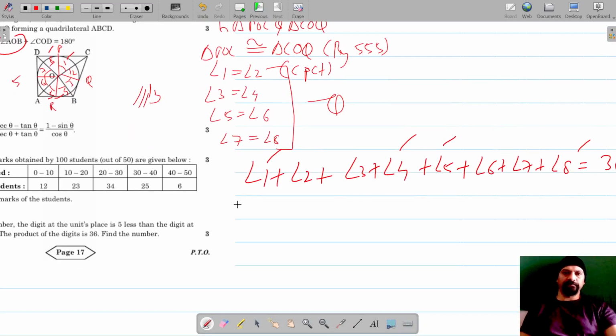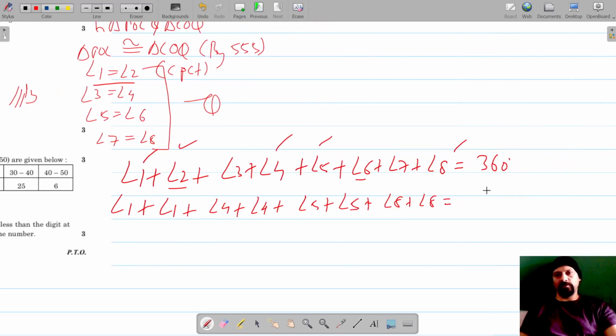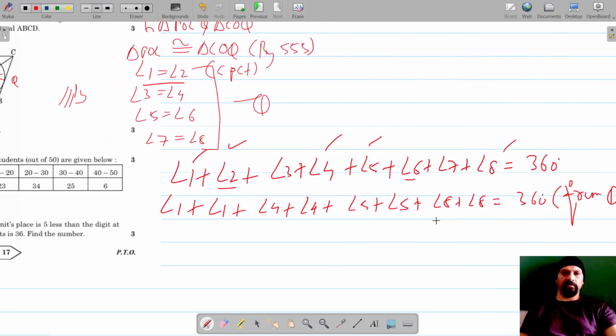And we are going to replace all other values. Angle 2 is equal to angle 1, so instead of angle 2, I'm going to put angle 1. Angle 3 has to be replaced with angle 4, and angle 5, I'm going to keep. Angle 6 has to be replaced with angle 5, and angle 7 has to be replaced with angle 8, which is equal to 360 degrees, and all this is because of the result in 1.